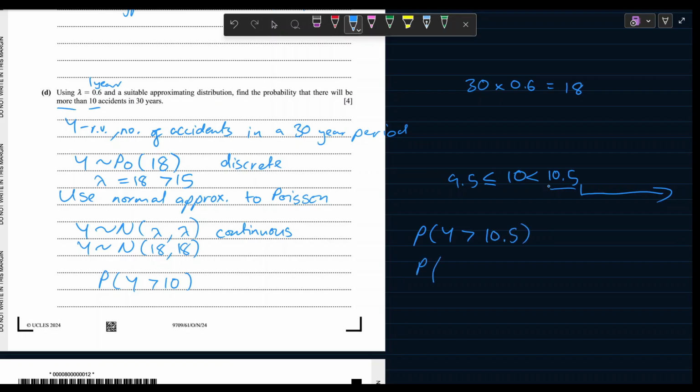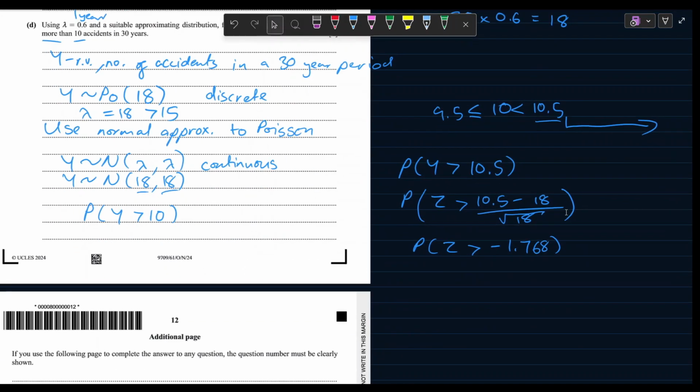And we can go ahead and standardize. So z is greater than 10.5 minus our mean, which is 18, divided by the square root of our variance, so square root of 18. So that's the probability that z is greater than 10.5 minus 18 over the square root of 18, which gives us negative 1.768.